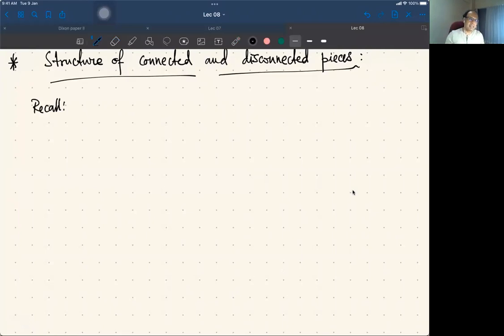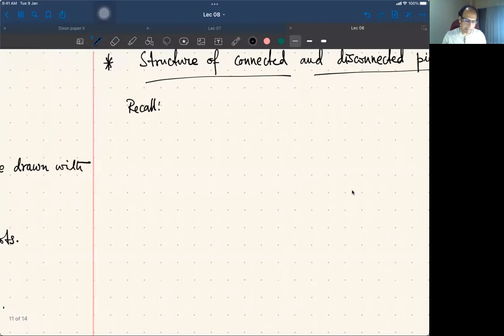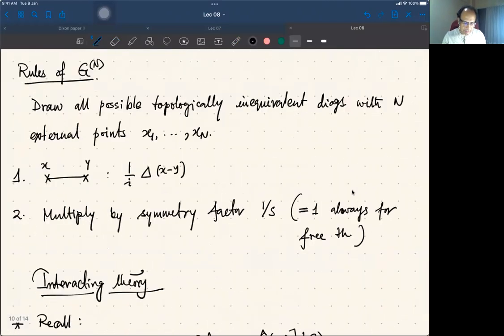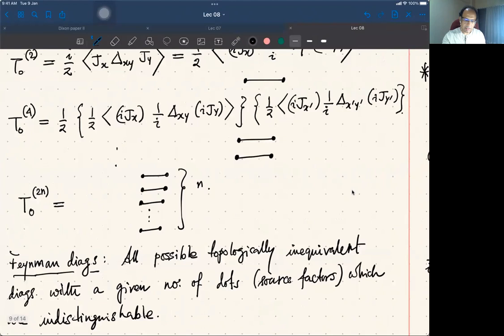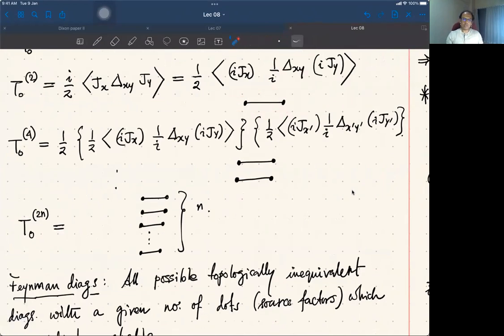A disconnected graph is basically a product of a set of connected pieces, and all possible such products appear in the generating functional. Let's go back and see in the free theory. In the free theory, we had only one topologically inequivalent connected piece. In an interacting theory, we might have many more connected units, but the disconnected diagrams are just products of those connected diagrams. This is what we also saw in the worldline discussion, that you just multiply them.